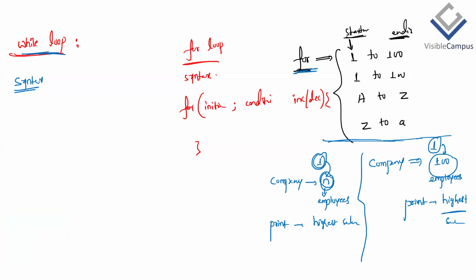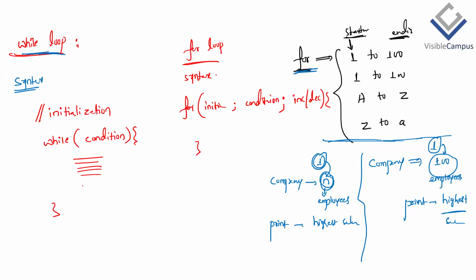Then in while loop also, it is the same syntax in a different way. That is, before while loop, initialization. Then while is a predefined keyword. Parenthesis. Then condition. Then the loop body with some code.